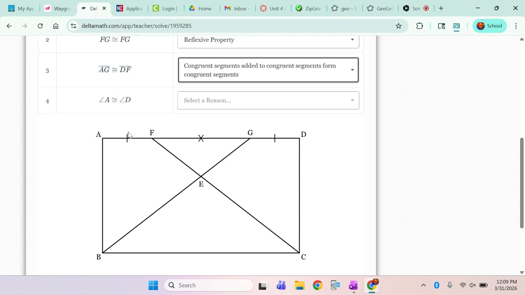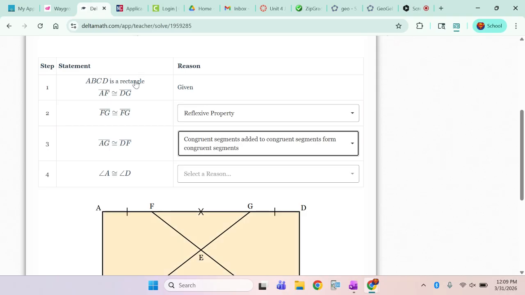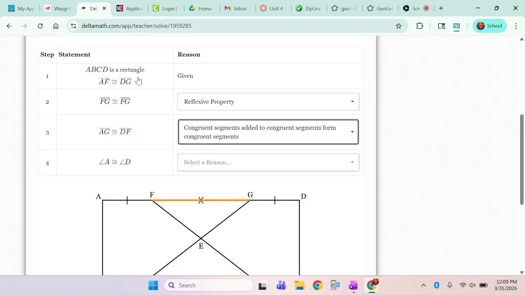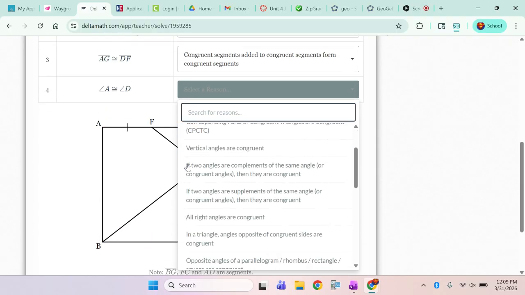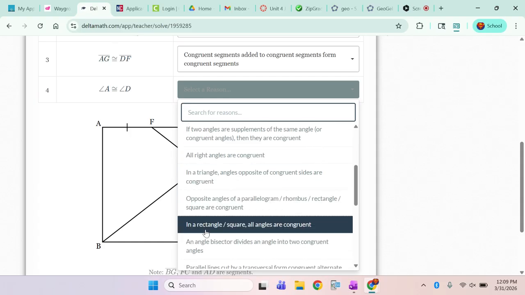So Aiden, it says it up top. What do they say that is? Oh, it says that it is a rectangle. What's true about a rectangle? They have 90 degrees. And aren't 90-degree angles always going to be congruent to each other? Yep, so that's the reason. So in a rectangle and square, all angles are congruent.